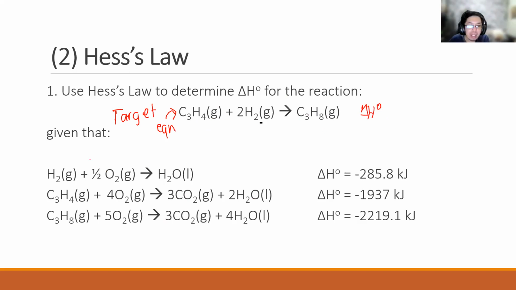Pero may binigay na mga series of equations here. And then, by manipulating these equations, actually parang logic siya. Pwede mo siyang i-flip, pwede siyang i-multiply with a certain factor, so on and so forth. You can actually derive the target equation. So with that in mind, you can also calculate the delta H naught.